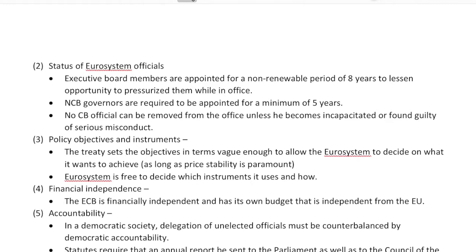The Federal Reserve is not taxpayer funded, and that allows the leaders of the central bank to focus on meeting its mandate of price stability in Europe.